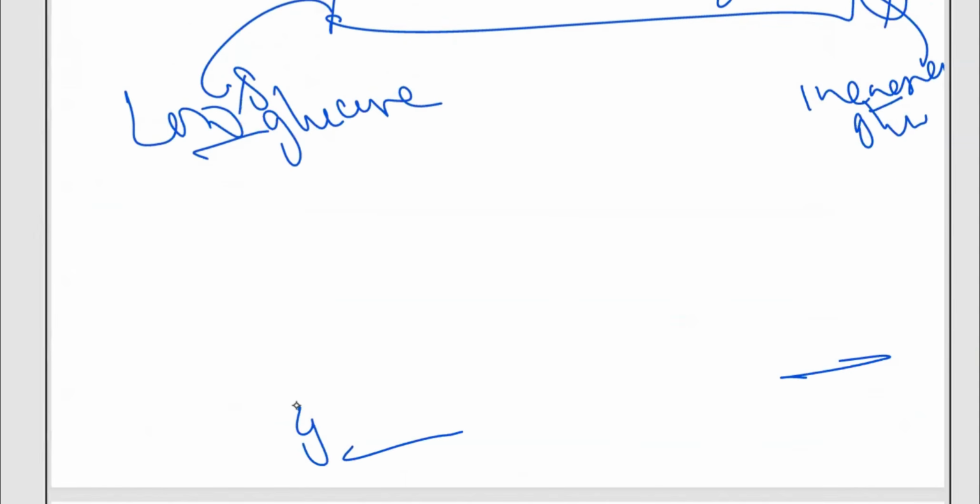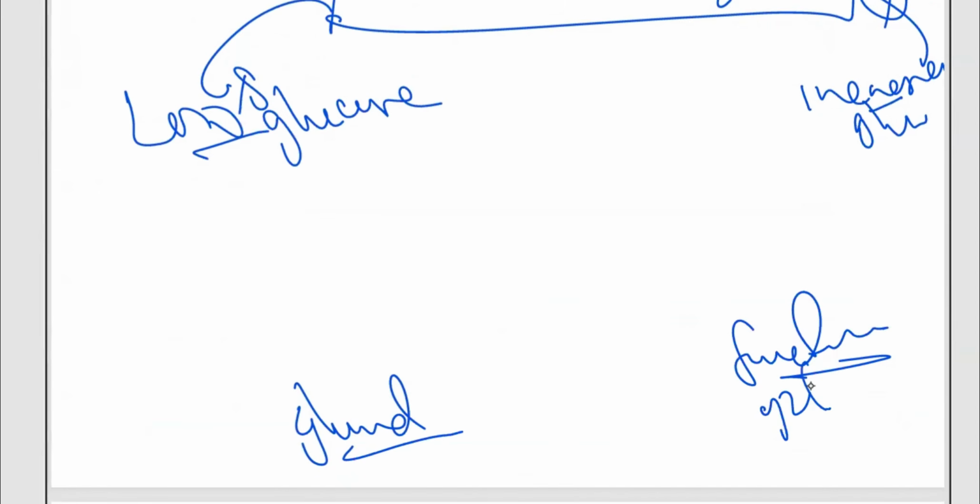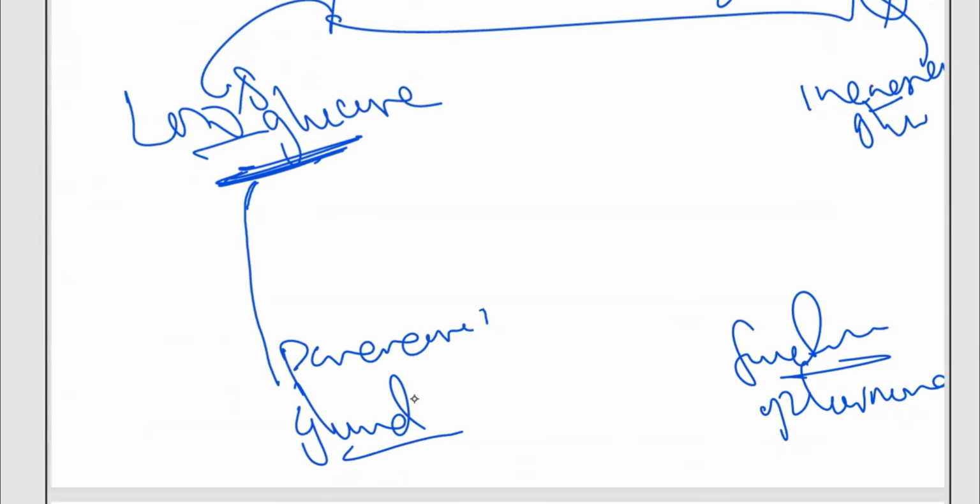It's the same story here. 2 points. Here is a gland, and then the function of the hormone. So it means that if I have here low glucose, what's going to happen? The pancreas is going to produce glucagon.